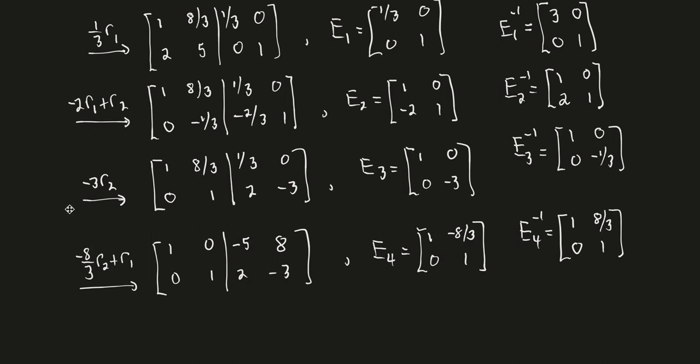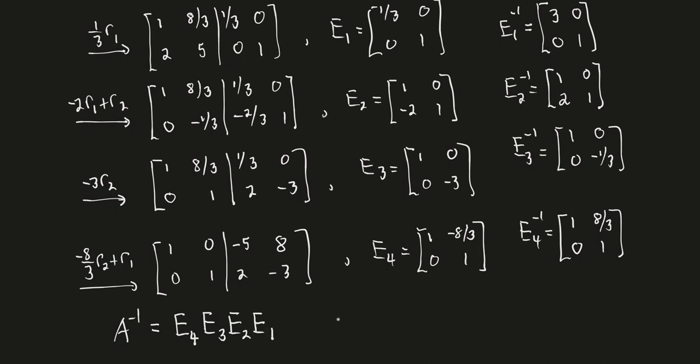that we derived in the previous video. So we showed that, for instance, A inverse can be written as, and it was in this reverse order, E4, E3, E2, E1.